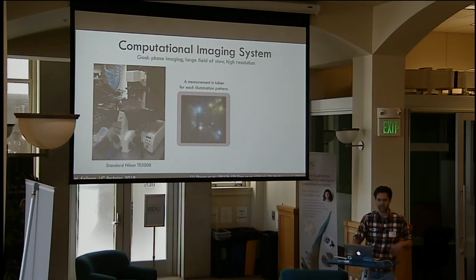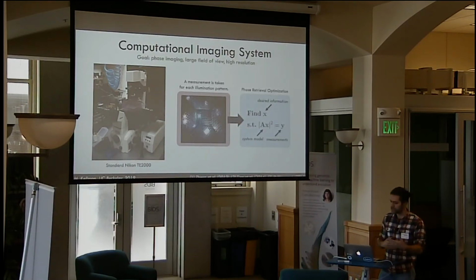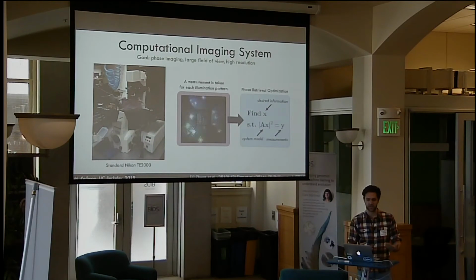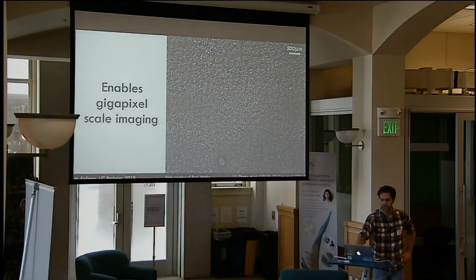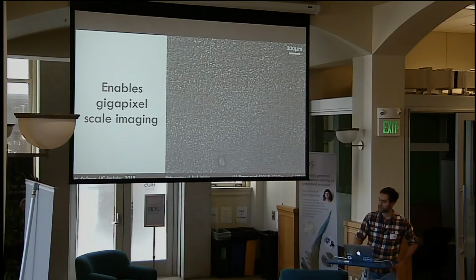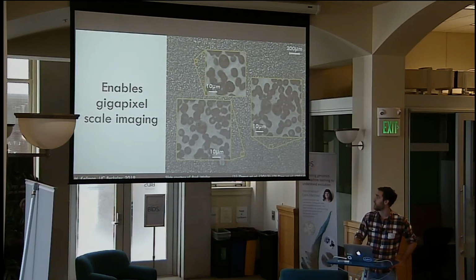And then with this set of measurements, we can then retrieve the information we want, phase and high resolution features, using an inverse problem formulation. This is very classic computational imaging. So with this method, you can see a wide field of view, but still see the fine resolution that allows us to see inside the cells, the desired information inside the cells.